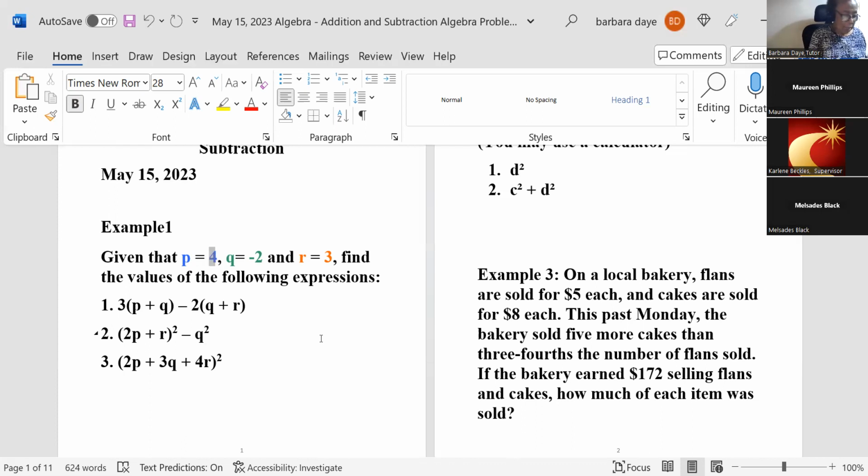First, do it for the number 1 and then tell me what you get. Let's see if I have it. So wherever you see the P, put the 4. 3 times 4 plus a -2, minus 2 times -2. P equals 4, Q is -2, R is 3.